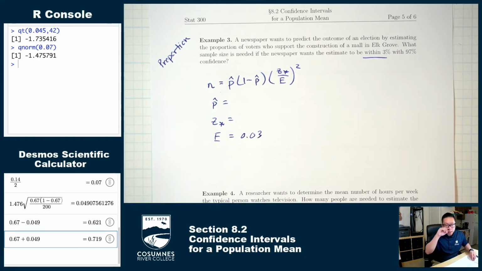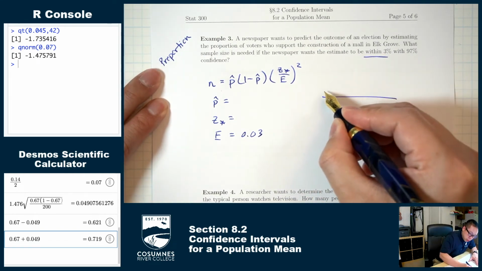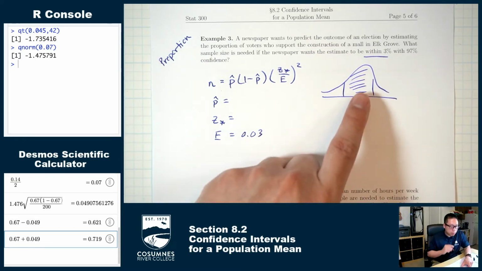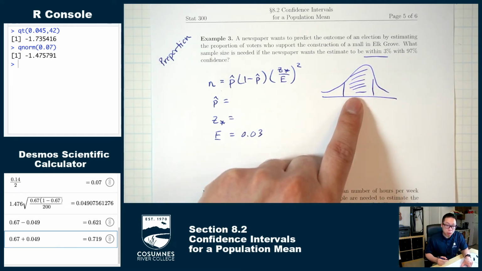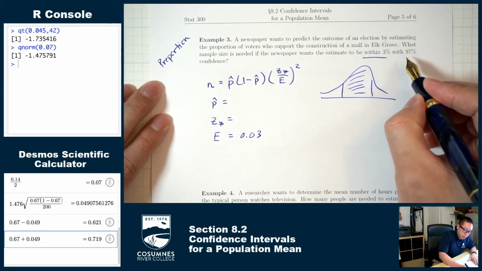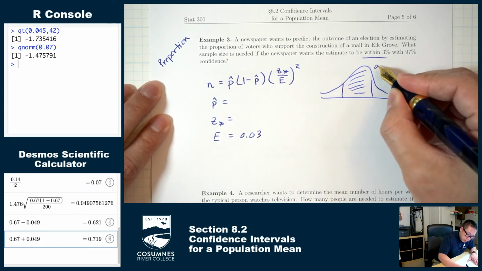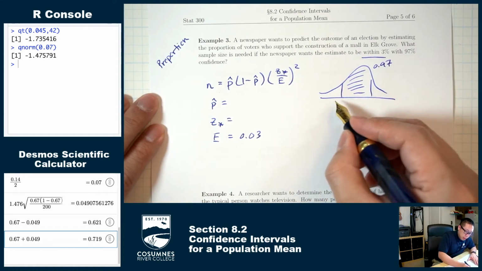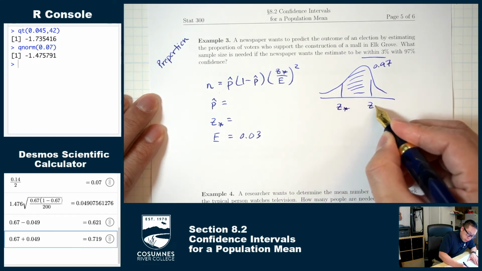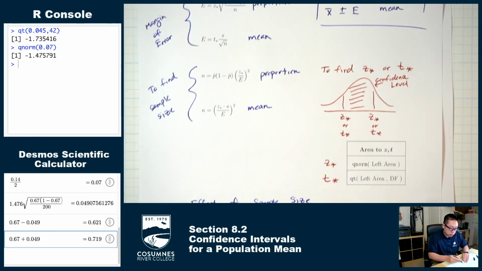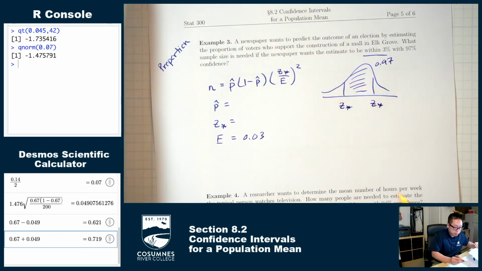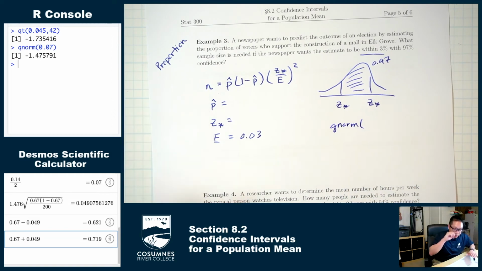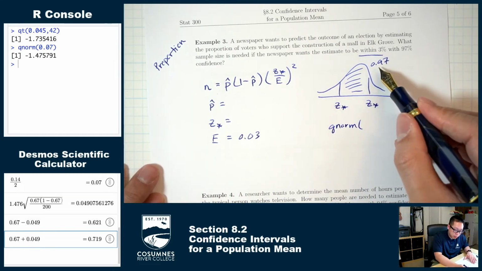Z star has to do with this picture. What confidence level are we talking about here? 97% confidence. That's the shaded area in the middle, the confidence level. And then I want to find the z star. We're going to be doing qnorm, left area. 0.97 is the area in the middle.